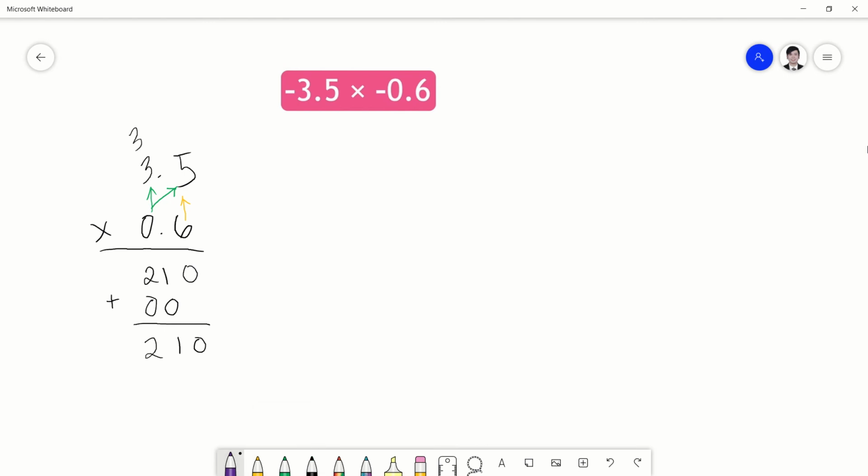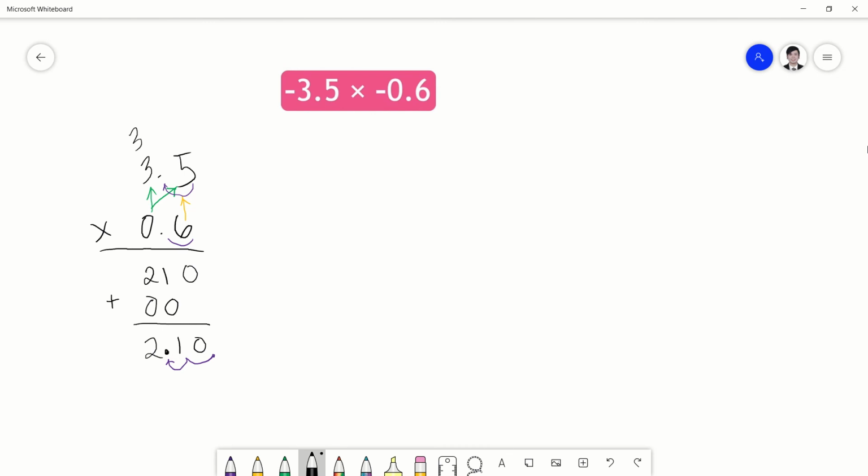So from here, we have to move twice going to the left. 1, 2. So the decimal point is now here.